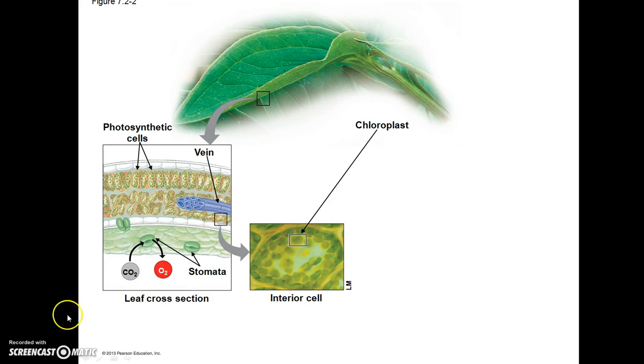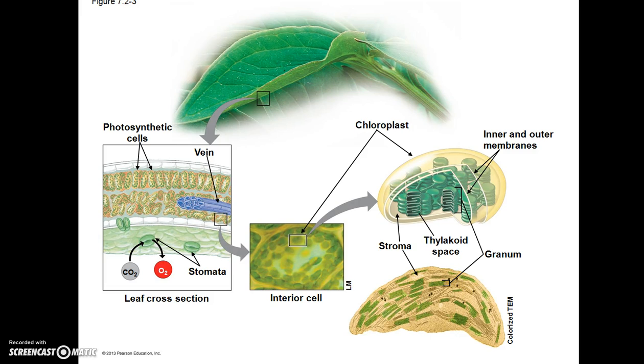If we were to look at just one of these photosynthetic cells, this is an actual micrograph here, we would see many chloroplasts, which are these specialized organelles that produce chemical energy from light energy. And if we were to look inside a single chloroplast, this is a depiction of what that might look like. We have these stacks of thylakoids here. The spaces between them are the thylakoid space.